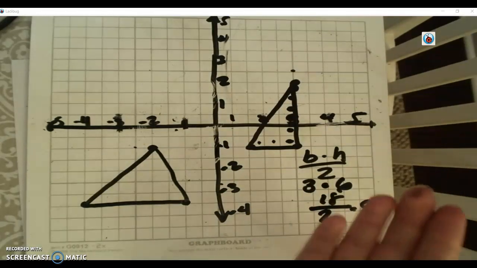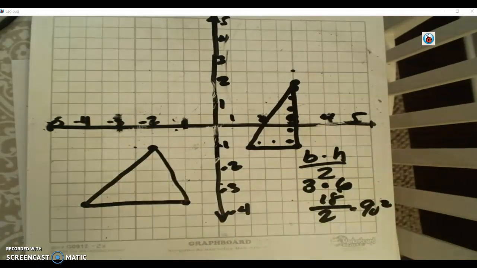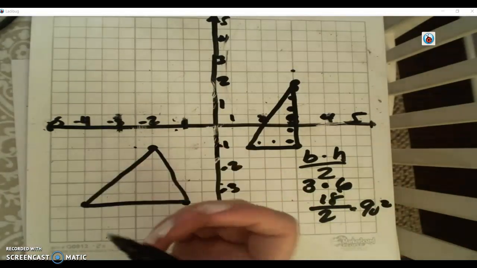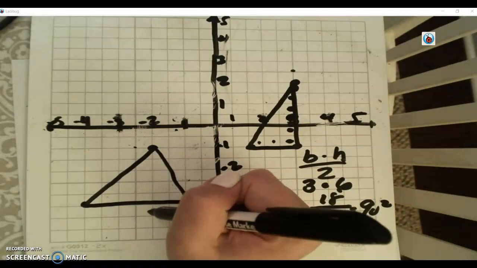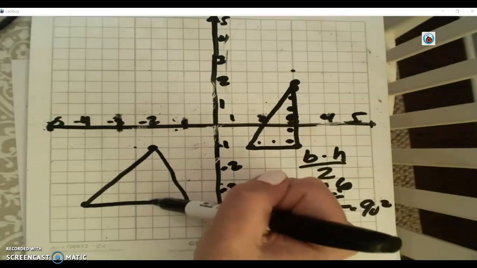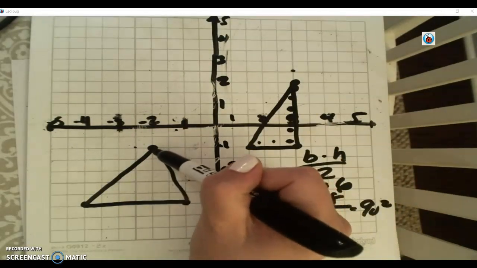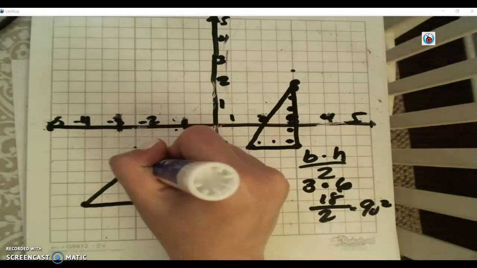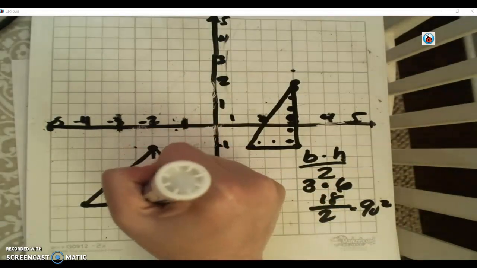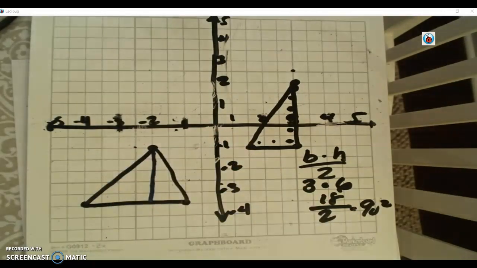There is no straight height. Remember, height has to be up and down. It cannot be a slant. But you can use your grid to form your height. Look, you're going from the bottom to the top of your point. Well, here it is right here. Let me get the other colored marker. Right here is your height, this line. There's your height from the top to the bottom, okay?